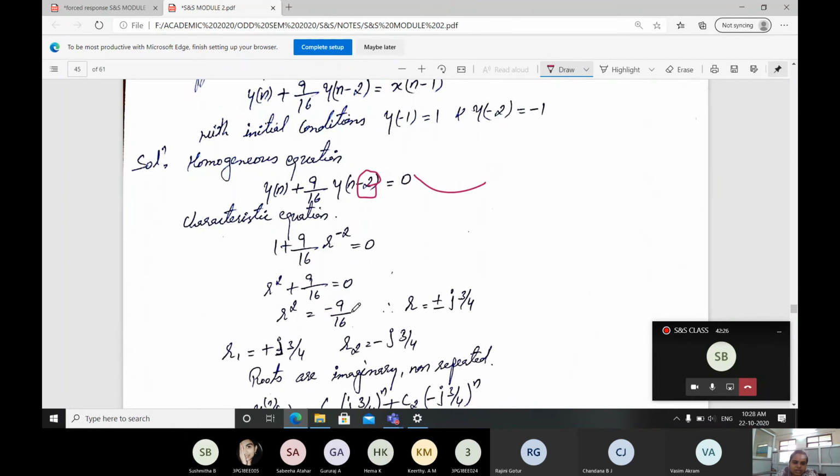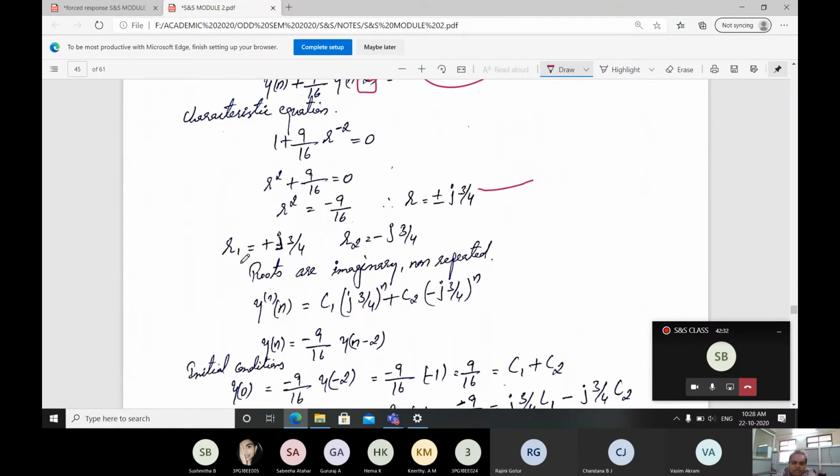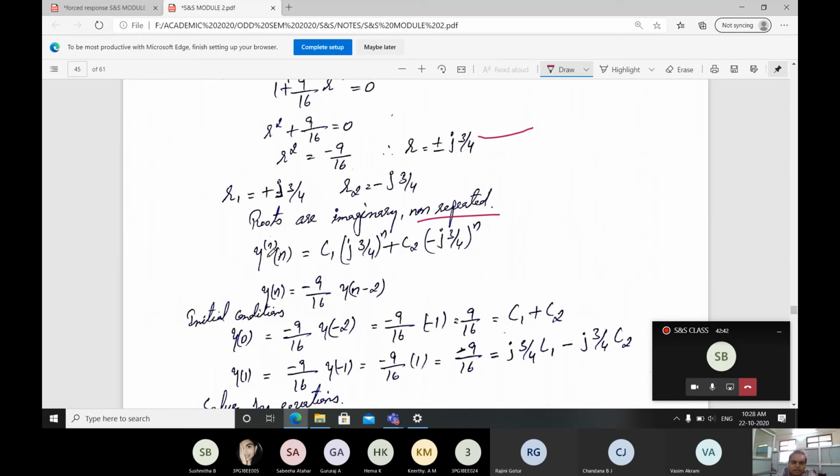Find the r value from this. You will be getting plus or minus j 3 by 4. Then r1 is plus j 3 by 4 and r2 is minus j 3 by 4. The roots are imaginary and non-repeated. Therefore, y of n natural is going to be c1 j 3 by 4 raised to n plus c2 minus j 3 by 4 power n.